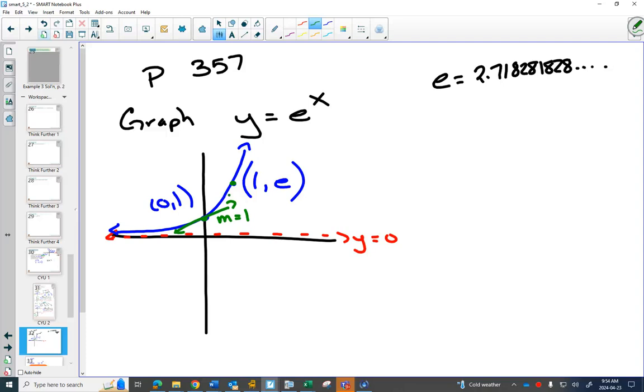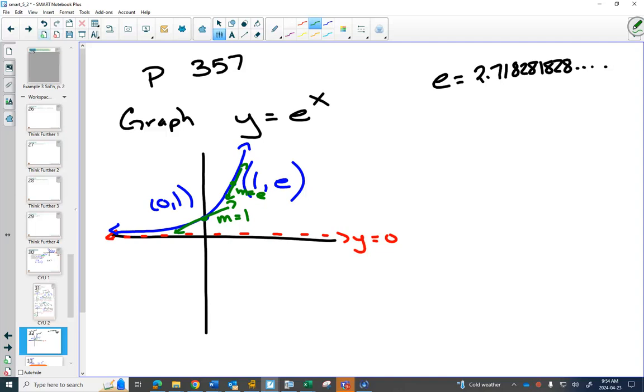The slope at this one is e. It is the only function that exists where you pick any point and the slope of the tangent line is always identical to whatever the y-coordinate was. Throughout the whole graph. It's the only one that does that.